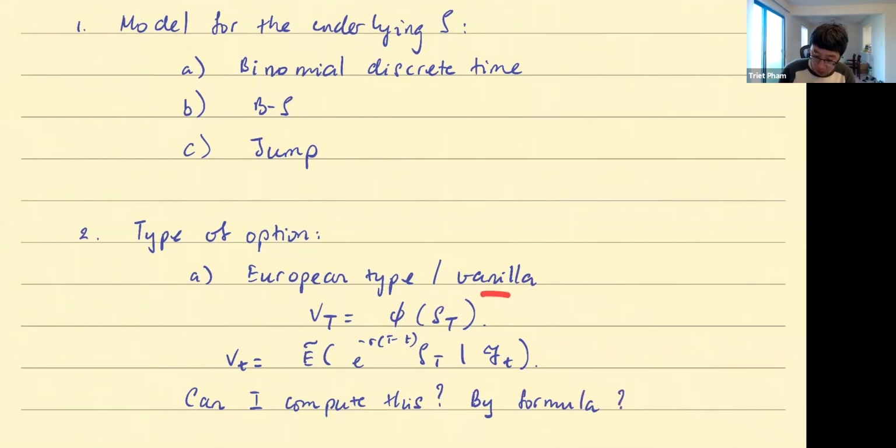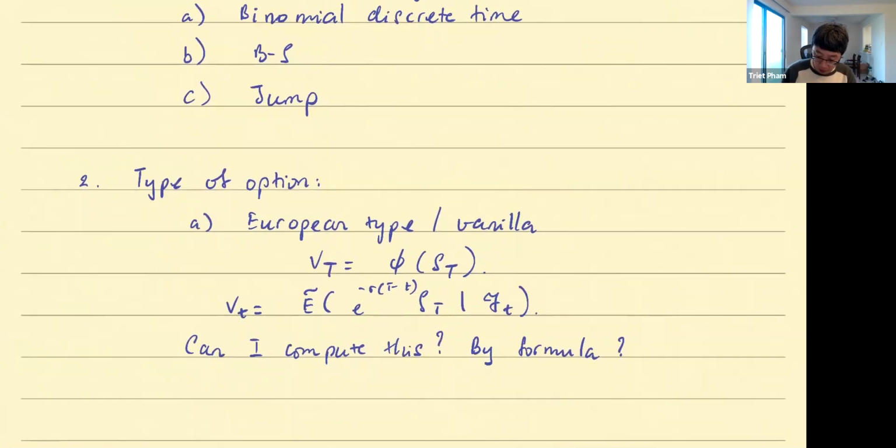With vanilla type of option, usually you expect that by formula it should be easy. Especially with the Black-Scholes model, you have the Black-Scholes formula. With the binomial model, you also have a formula. I'm not sure you wrote down a formula at that time, but there should also be a formula for the binomial model and the jump model. So the type of option is kind of easy, the formula you can write down.